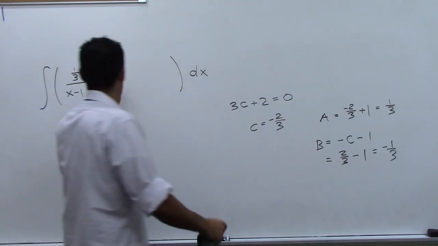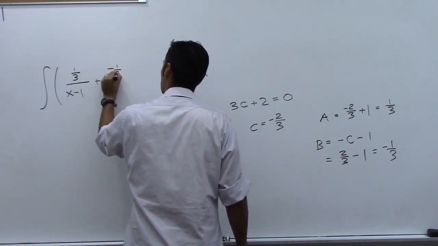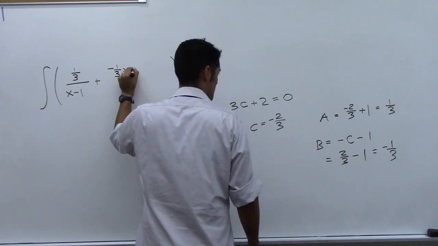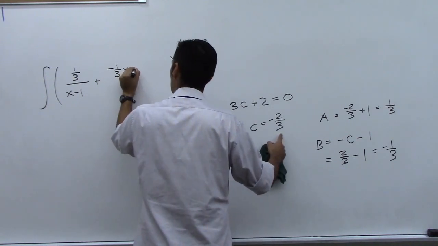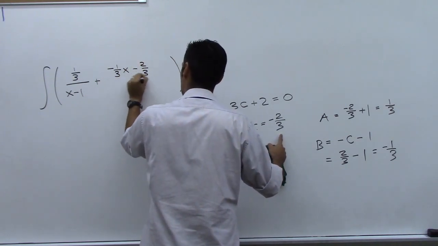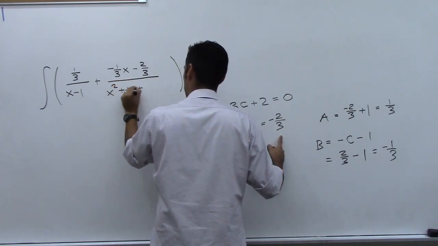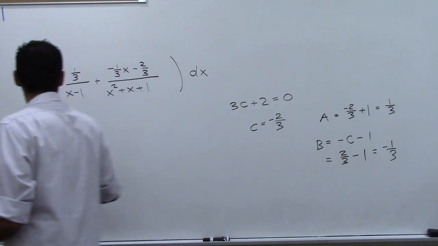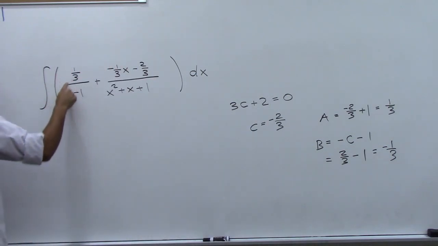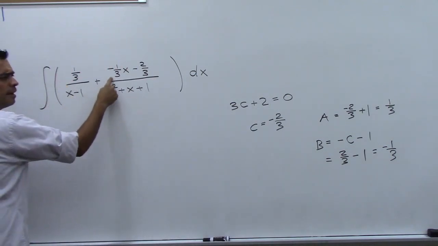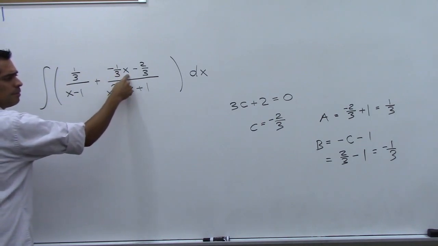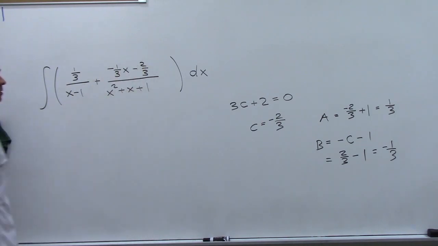So b is negative 1/3, negative 1/3 x plus c. So c is negative 2/3, so I'll do it like that, all over x squared plus x plus 1. So go back and look at the work I did earlier. This is a over the distinct linear factor, bx plus c, but c is negative, and that's it right there.